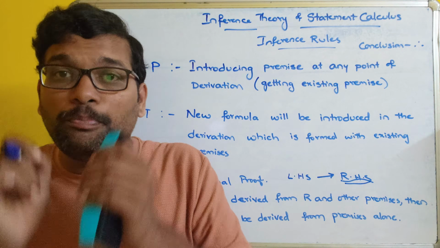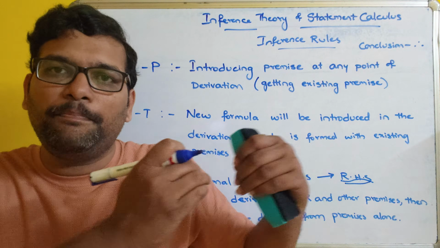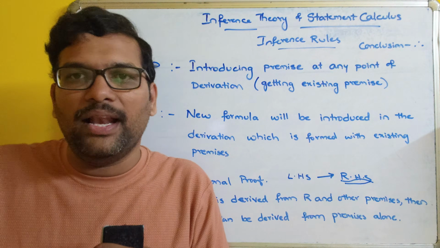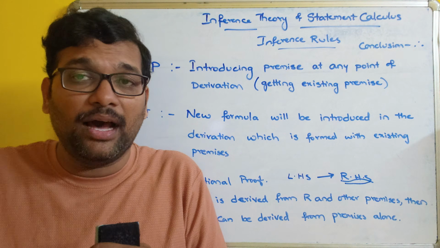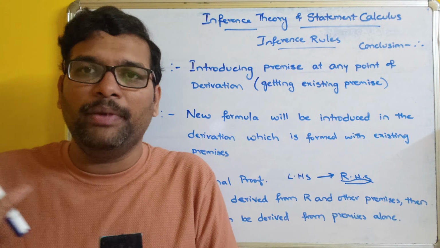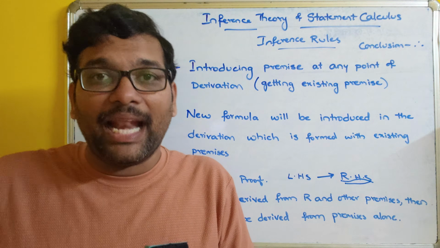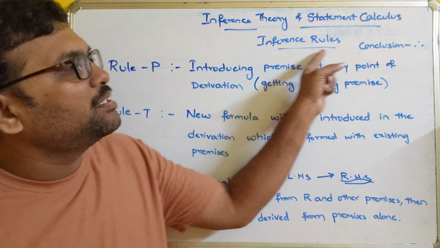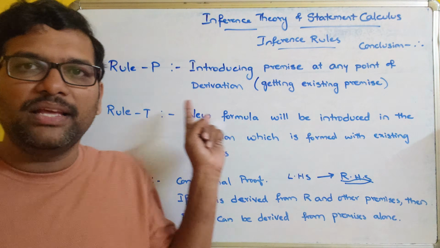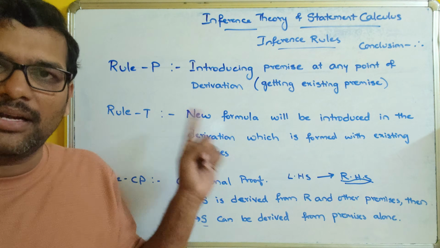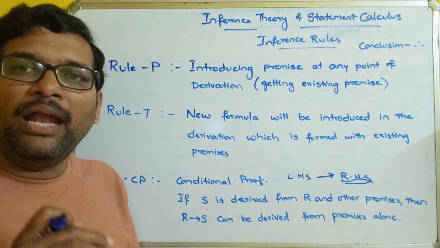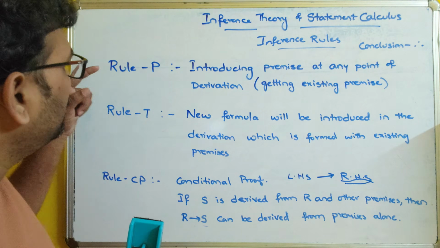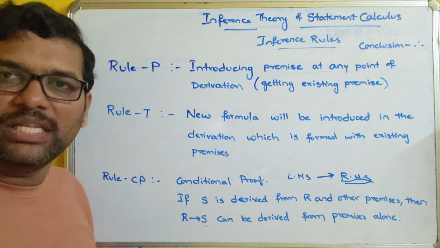Finally we have to prove that from the premises, the conclusion is valid. To derive that conclusion from the premises, we are going to use these inference rules, as well as rule P, rule T, and rule CP.